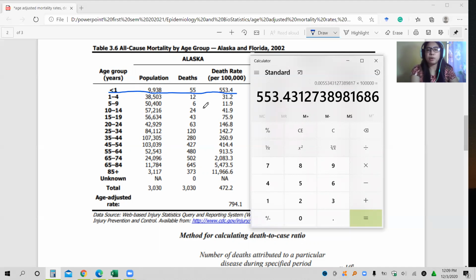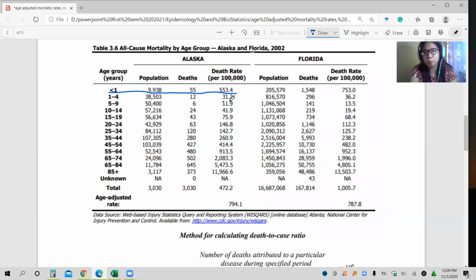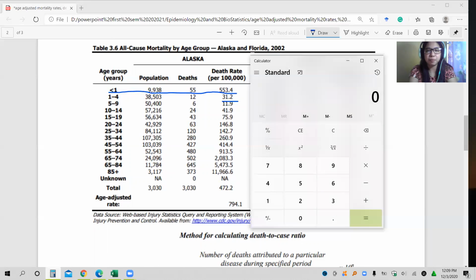While if we are going to compute for age 1 to 4, to get this value, 31.2, we will also divide 12, the number of deaths that belong to age group 1 to 4, over the population of age 1 to 4, which is 38,503, multiplied again by 100,000.